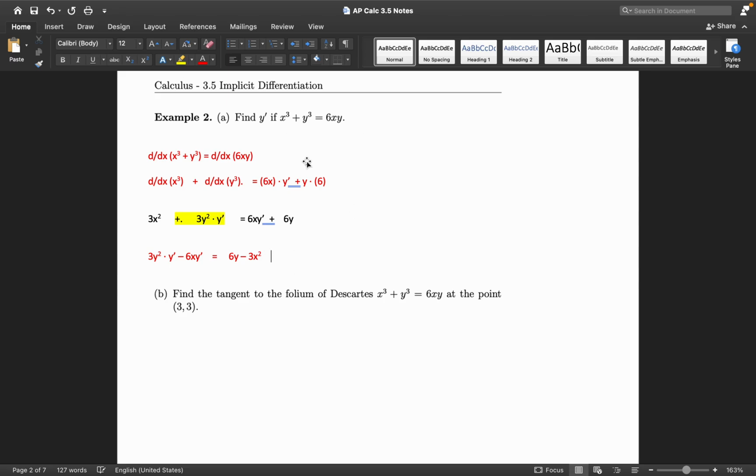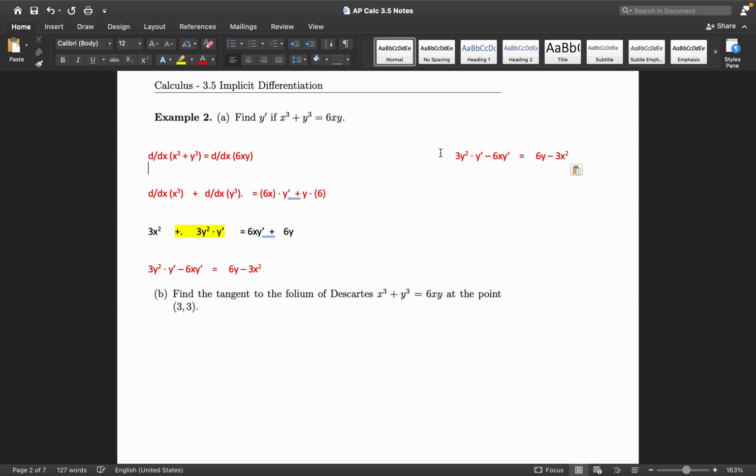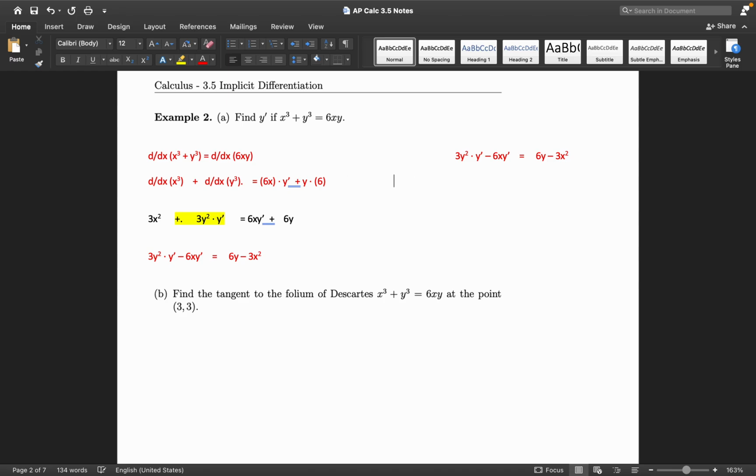Alright, now I'm going to go up to the top right. I've got this stuff. So if I want to simplify that, I can factor out a y prime times (3y squared minus 6x), and that's going to be equal to 6y minus 3x squared. And then my last step would be to divide.